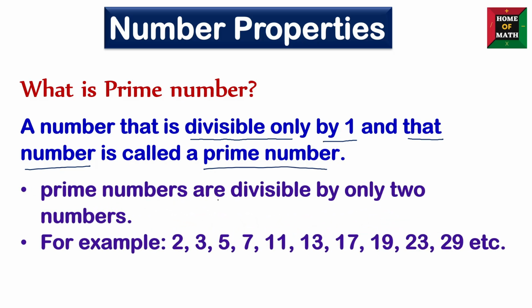Prime numbers are divisible by only two numbers: one is 1, and the other one is that number. For example, 2, 3, 5, 7, etc. Like 23, we can only divide by 1 and that number, which means 23.